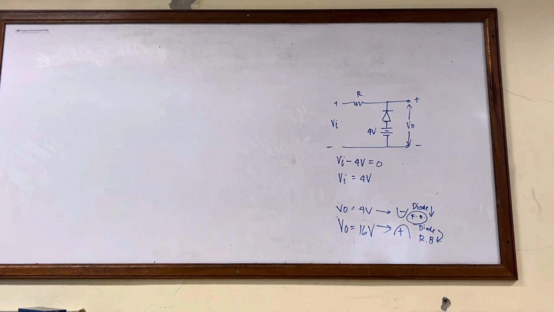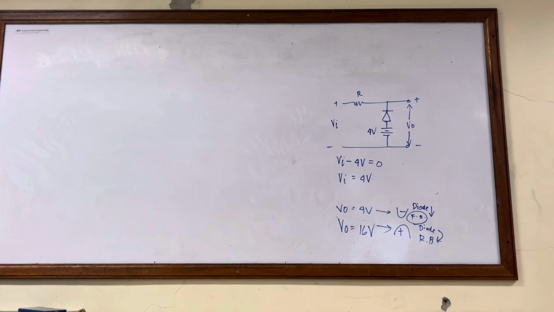In the positive half cycle, our diode is reverse bias. So this is equal to 16. In the negative half cycle, our diode is forward bias. Therefore, it is 4.